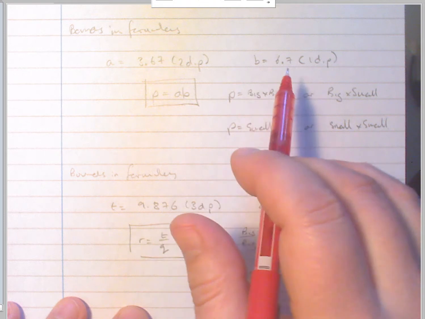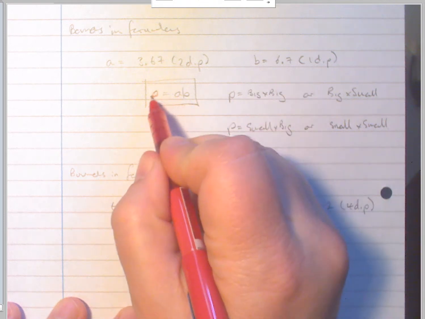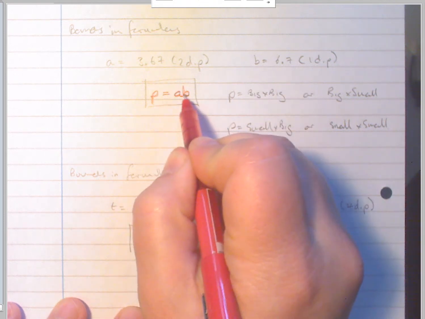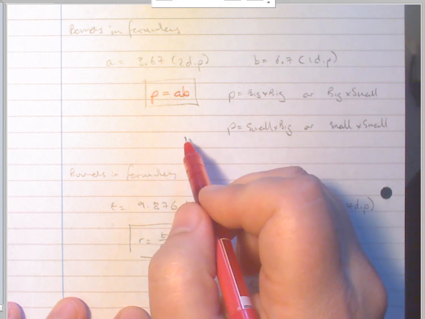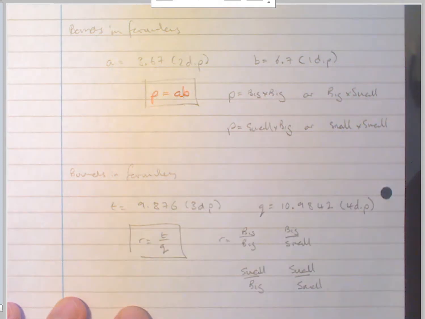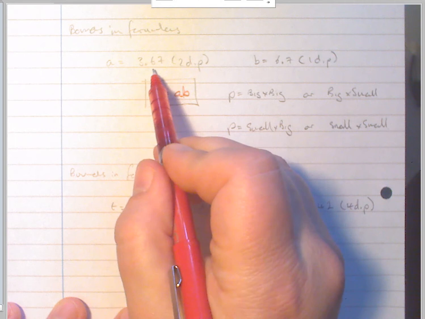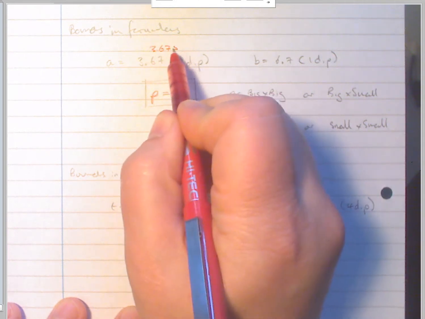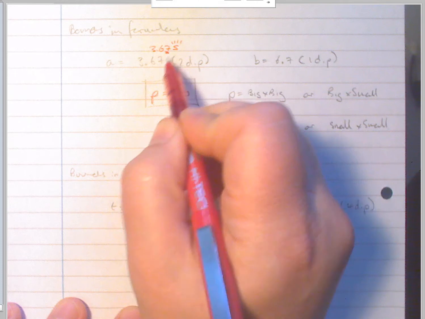Now if you're lucky, it'll be a nice easy one, like the formula is P equals AB, where A and B are just multiplied. And they might ask you for the upper or the lower bound of that. Well, first of all, you've got 3.67. So I'm going to write 3.67 and chuck a 5 on the end, and then make it symmetrical at the bottom.